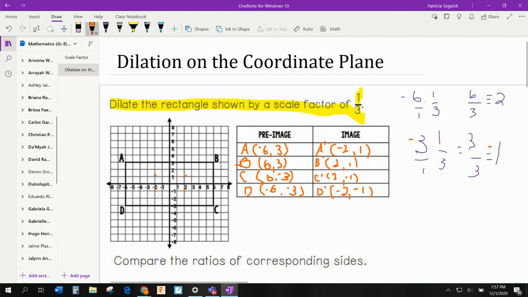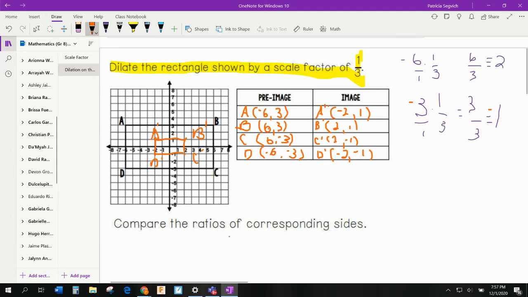And we can connect these. And there we go. This is our A prime. This is B prime. This is C prime. And this is D prime.